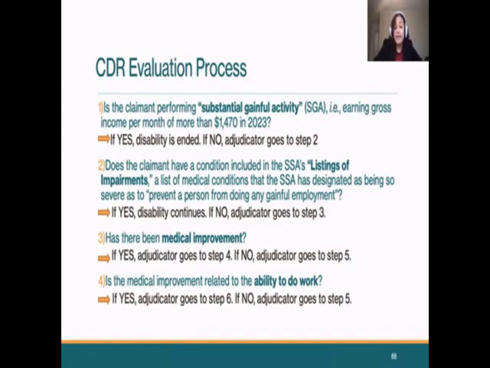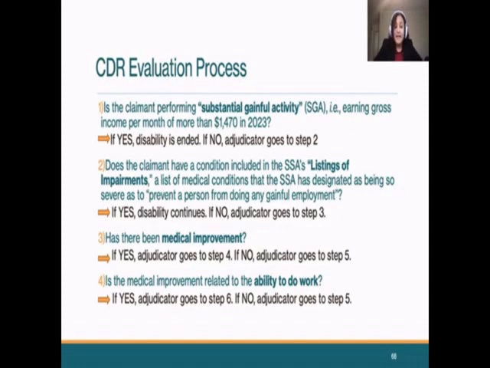If Social Security finds that the individual does meet a listing, then that ends the process. Social Security will find that their disability continues. If they find that the individual does not meet a listing, that does not necessarily stop their disability benefits. It just means that you need to go to the next step.